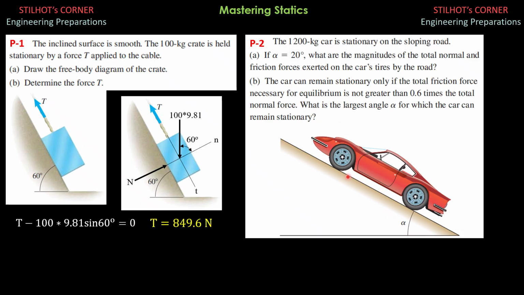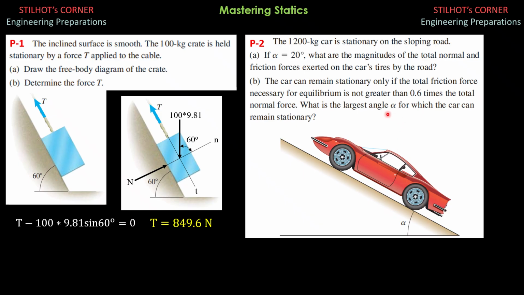Take note that there are four wheels on this car, so there is normal force on the front wheels and on the rear wheels. The general normal force, we'll just put it here, and it is normal, so perpendicular to this inclined surface, but there is friction which resists motion, so it is going up.